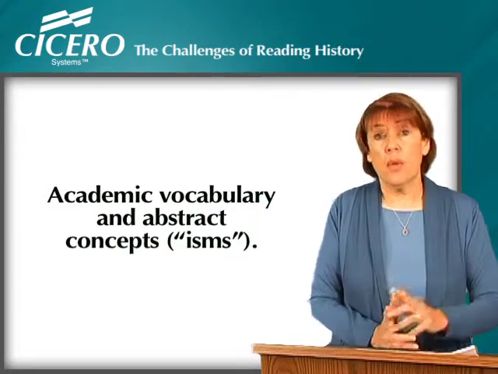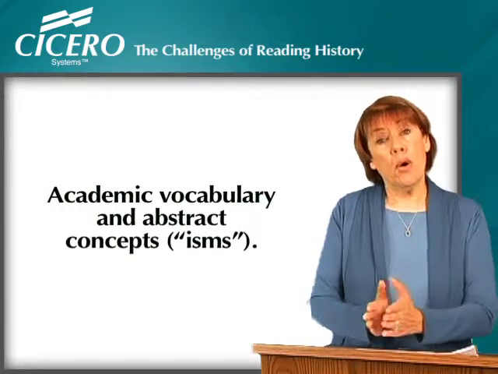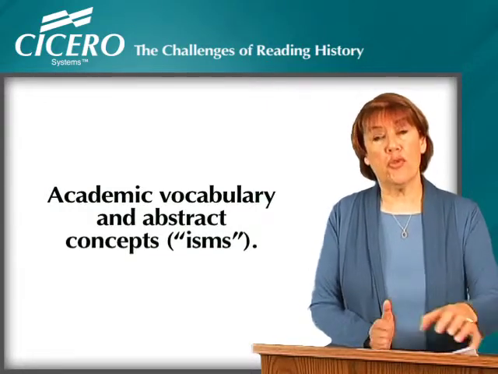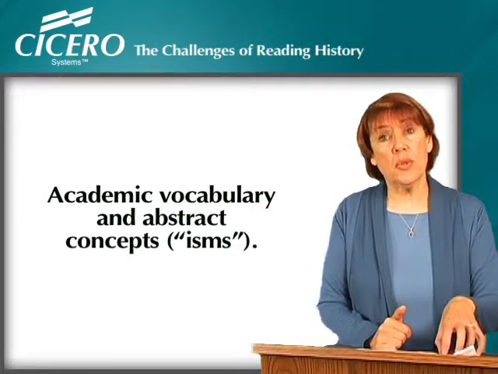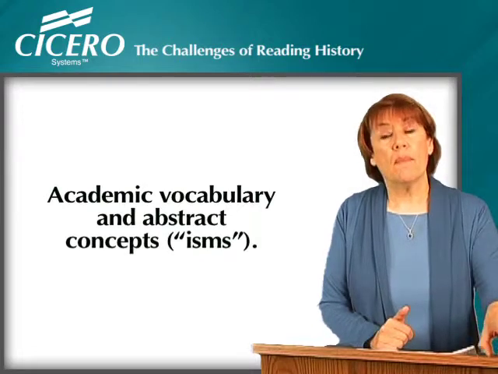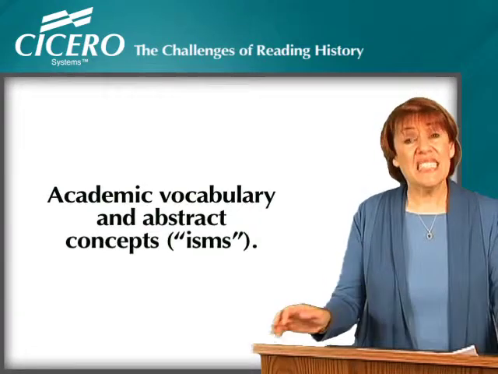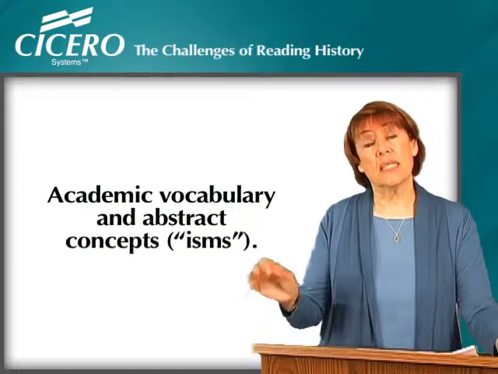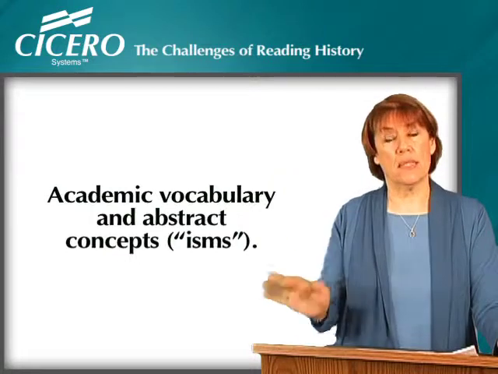In literature, when students come across a word that is unfamiliar, most of the time it's possible for them to find a synonym that they understand, substitute the synonym, and they get immediate understanding of a particular sentence. That does not always work in history texts, especially with what I call those isms, the big concept words.